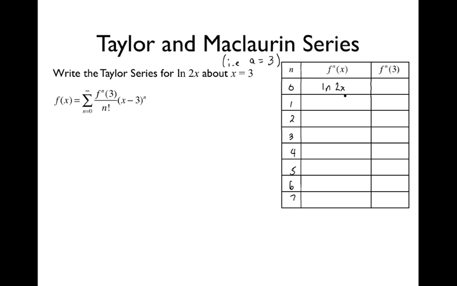What's ln 2x evaluated at 3? ln of 6. First derivative. Remember the derivative of natural log? 1 over 2x times 2, which turns out to be x to the negative 1. So you get 1 over 2x, then times 2, so the 2's go away, and we've got x to the minus 1, evaluated at 3. 1/3.